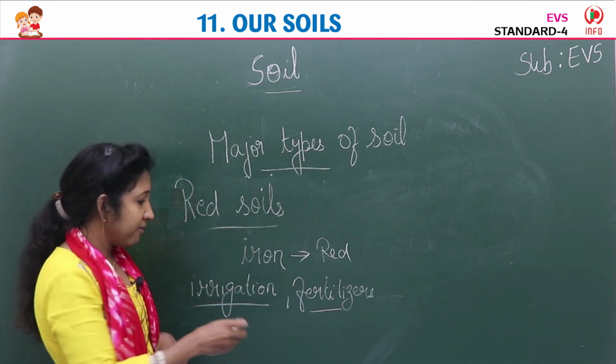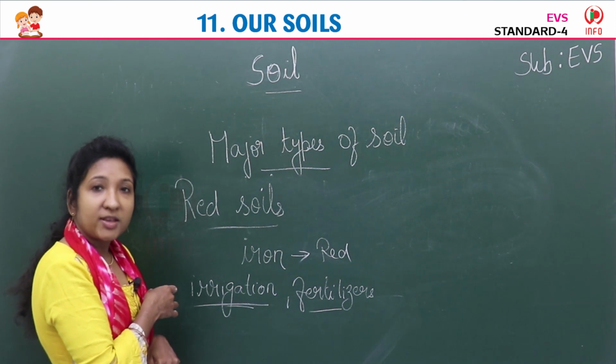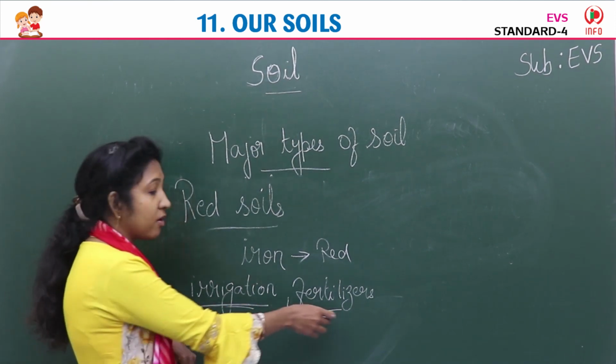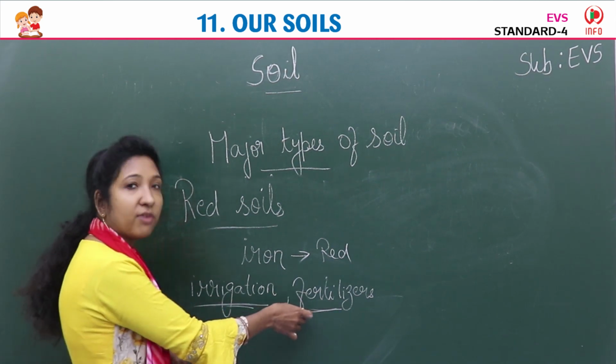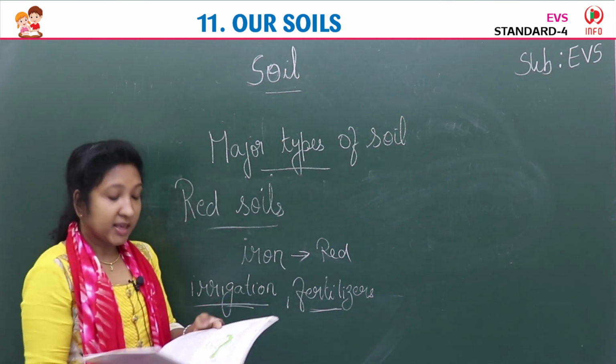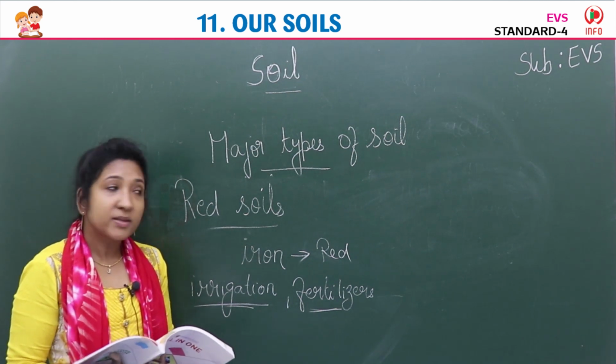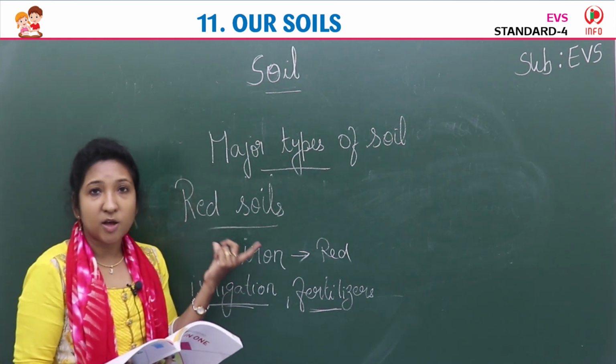So if we give good water facility or irrigation or good natural substances like fertilizers, then we can grow good crops in red soil.